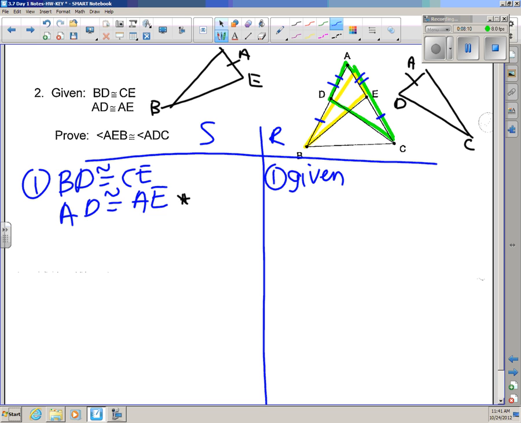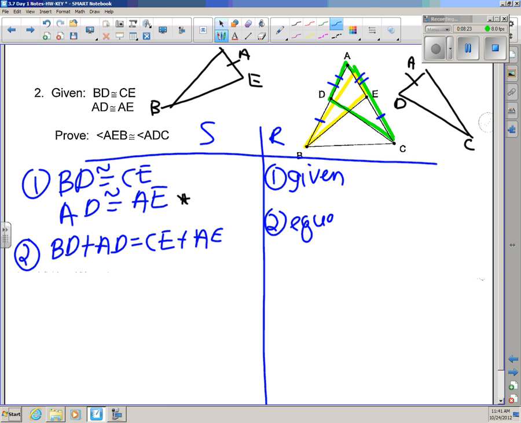So let's see if you're going to see that. I'm going to go right here and do some more addition. I'm going to say BD plus AD equals CE plus AE, equals added to equals are equal.